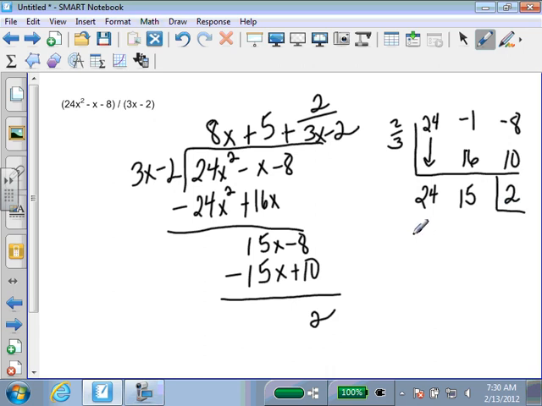So we would end up with, since this was a second degree, 24x plus 15 plus a remainder of 2 over 3x minus 2. And so the problem is we were supposed to get 8x plus 5, and we got 24x plus 15.